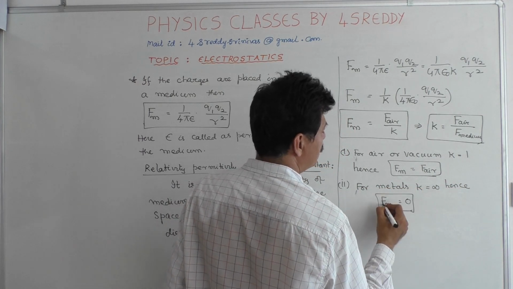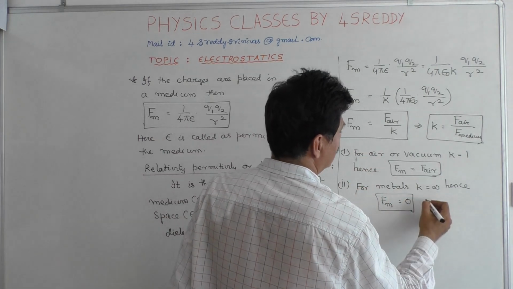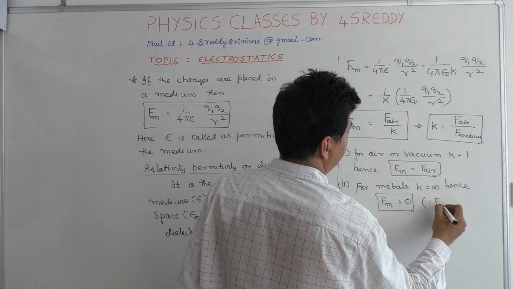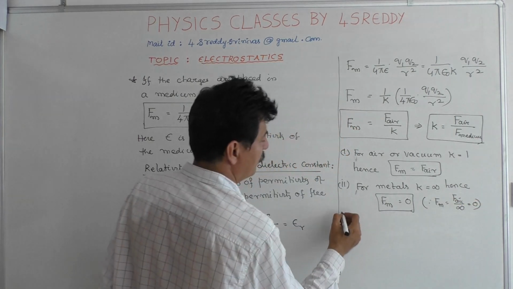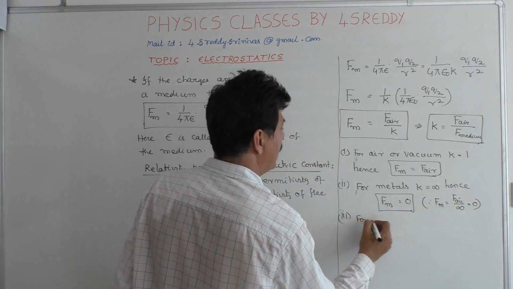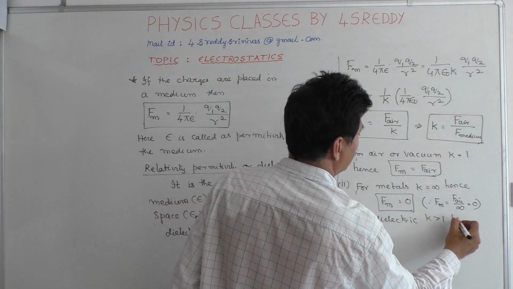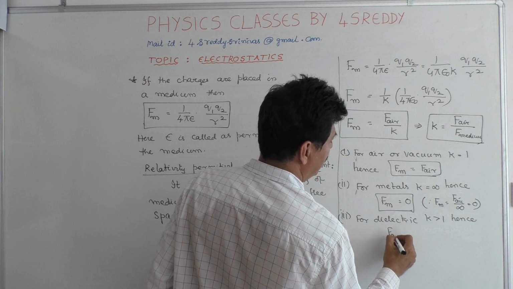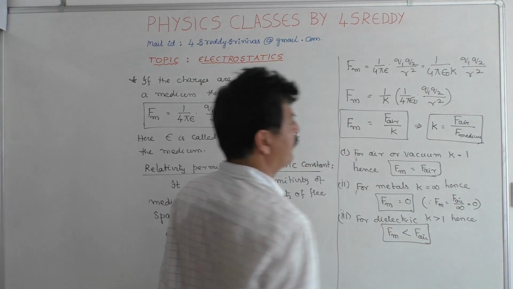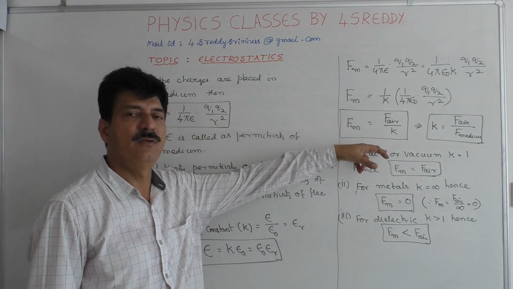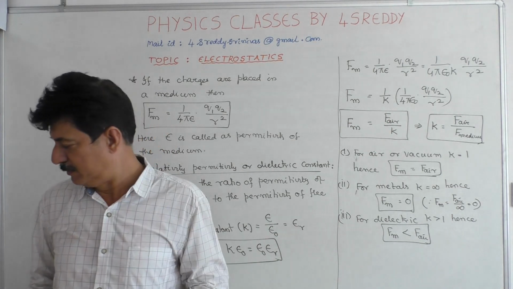That means conduction takes place, because 1 by infinity is 0. Since F in medium is equal to F in air by infinity, something divided by infinity is 0. Whereas for dielectrics, K is greater than 1, hence F in medium is less than F in air. If K is greater than 1, this value will be less. So the force in medium is less than the force in air.